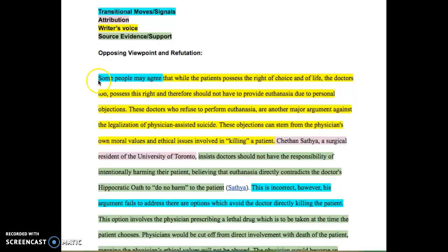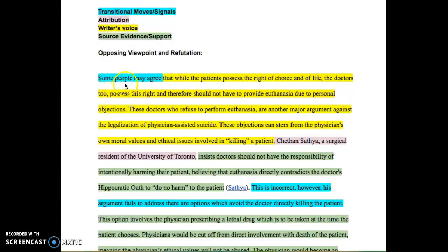So the writer is setting up the opposition with this phrase: some people agree, or some people may argue. Whenever you say a phrase like that, it is a signal that this is opposition. And a lot of times we define this "people" more specifically. Who are those major critics? Who is the opposition?